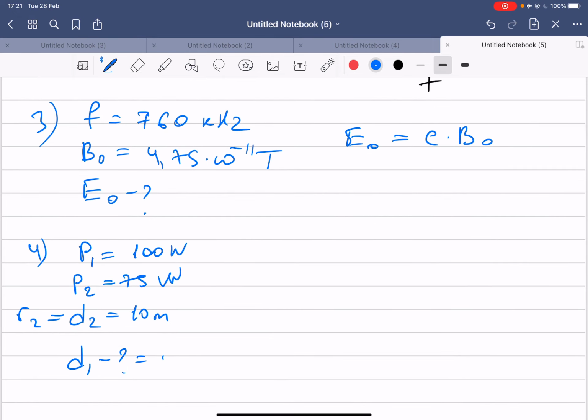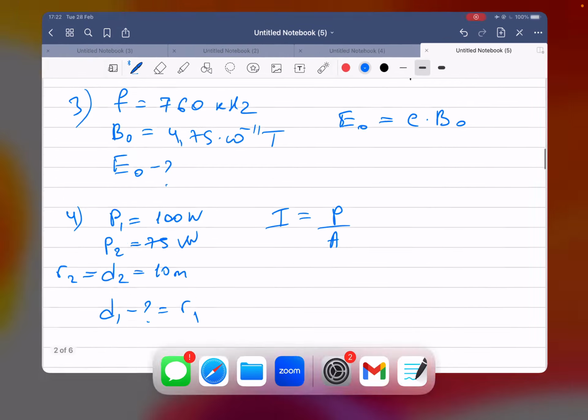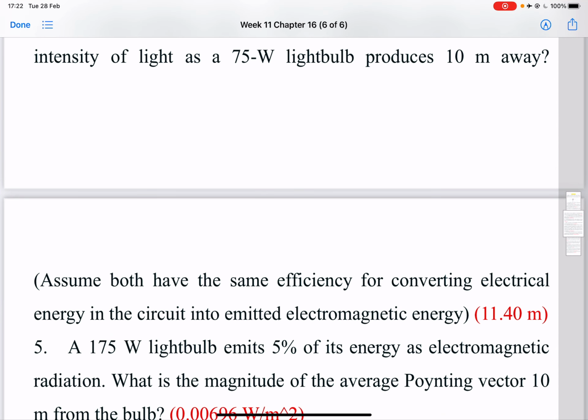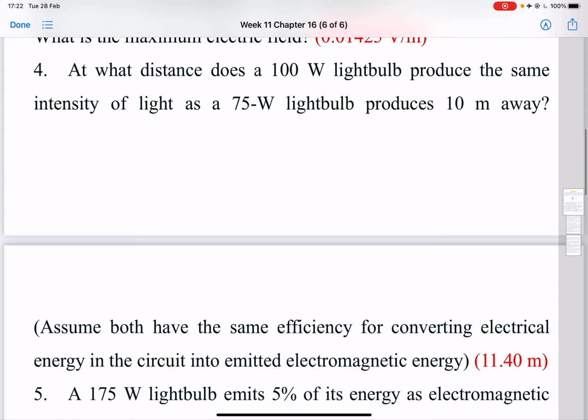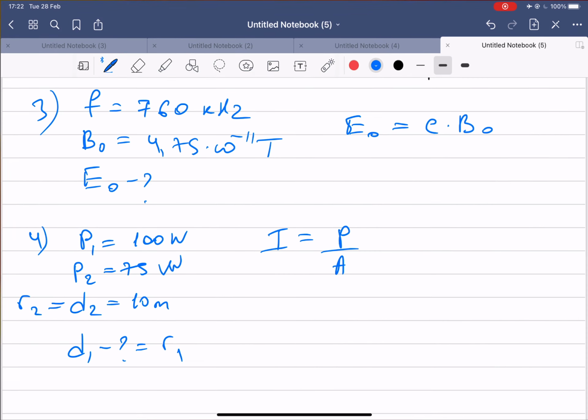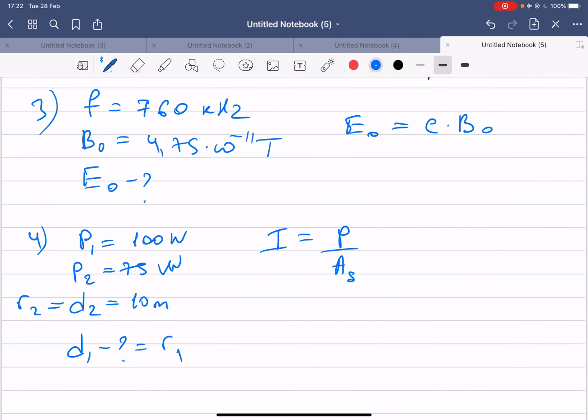D1 or radius 1. The formula is basically intensity is equal to power divided by the area. Since it's an electromagnetic wave, it has a spherical surface area, and the area will be 4 pi r squared.